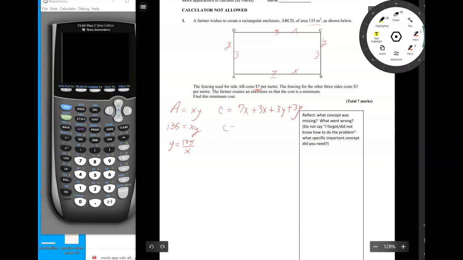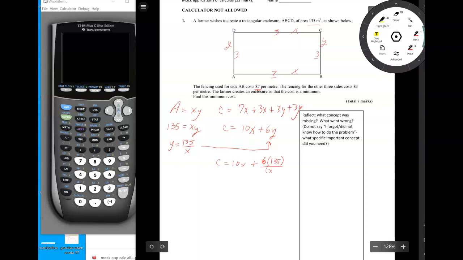So I'm just going to simplify this first. I'm going to put 7x plus 3x is 10x, and 3y plus 3y is 6y. And then I'm going to substitute in y equals 135 divided by x in for y. And now I can have just C equals 10x plus 6 times 135 divided by x.